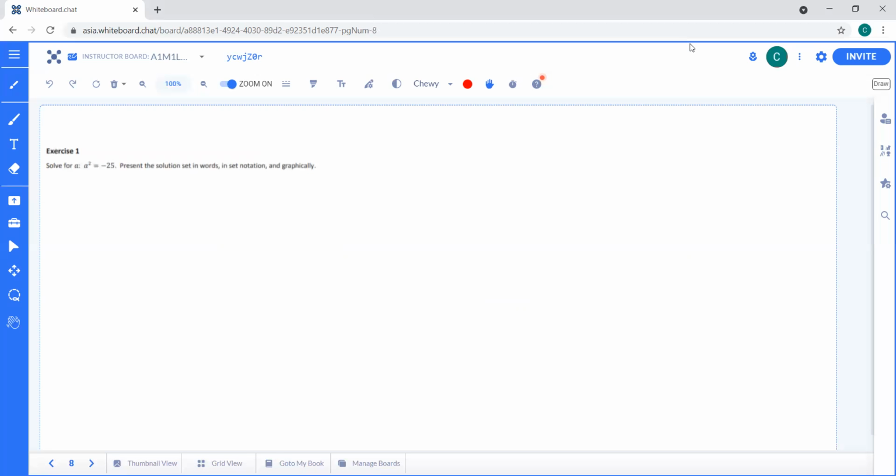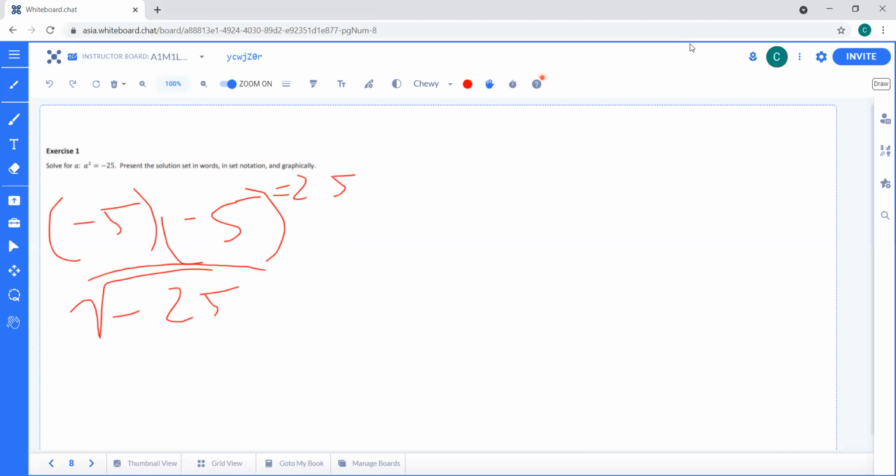Okay, so here we go. Solve for a squared is equal to -25. What can you square to get -25? Well, let's try -5. We already know that -5 times -5 is a positive 25, right? You cannot have a negative inside the square root right now.